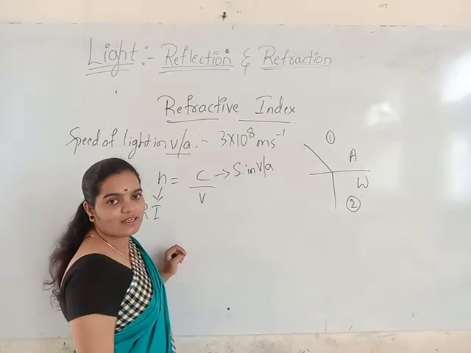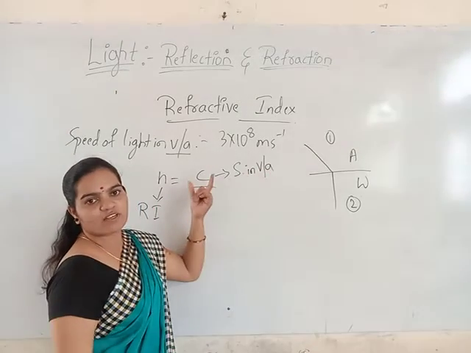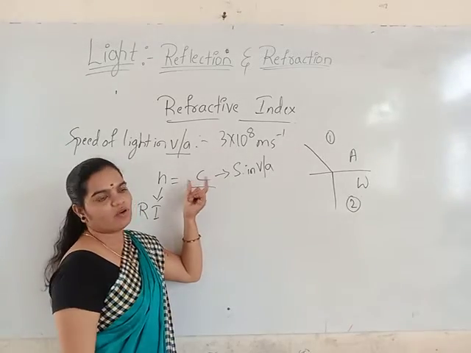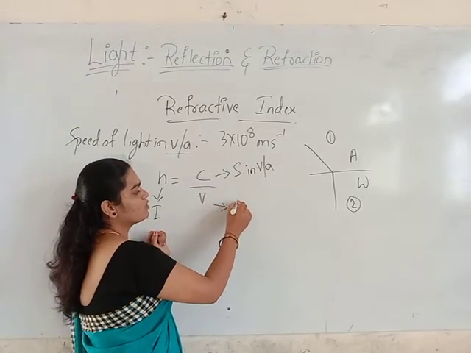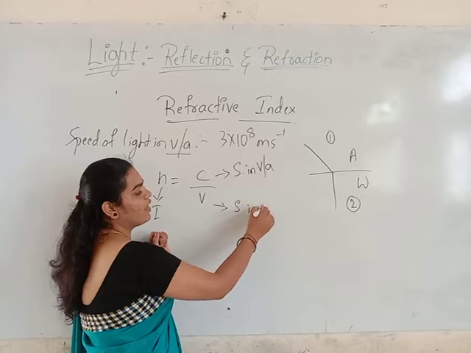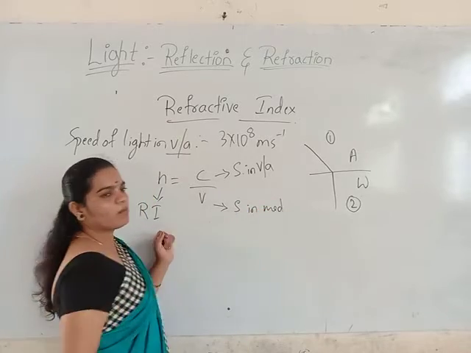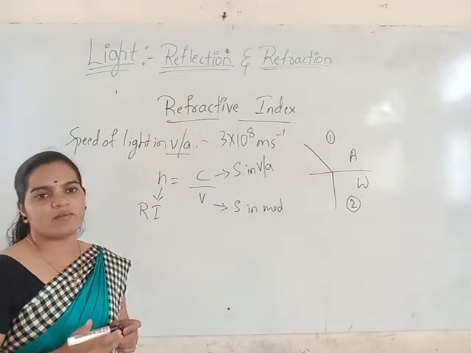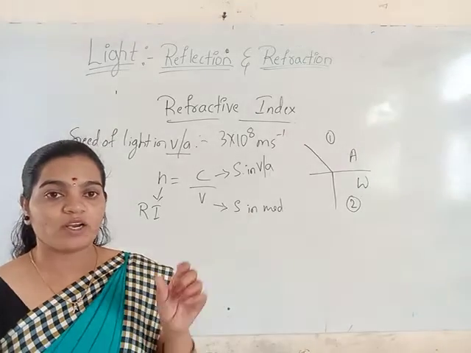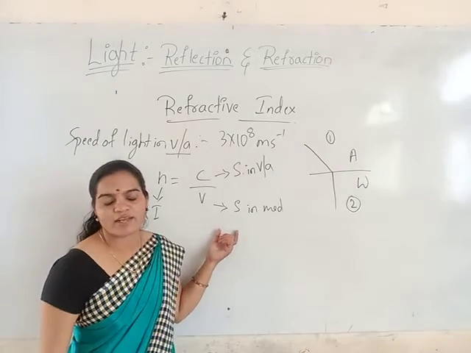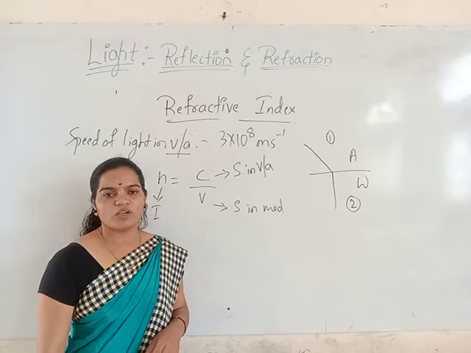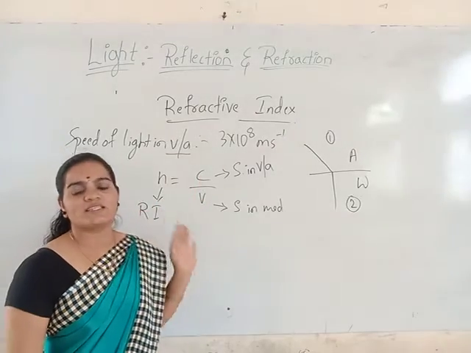Speed of light in vacuum or air is always given by c. And then what is v here? Speed of light in any medium. It may be water, glass, oil, whatever medium they are giving. So the speed of light in that medium we are taking as v over there. I hope that this is clear.